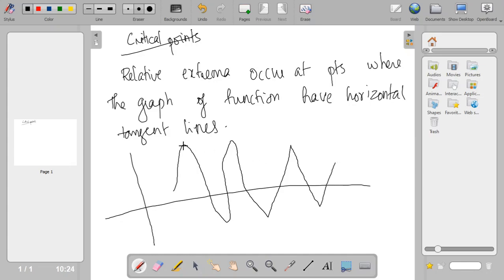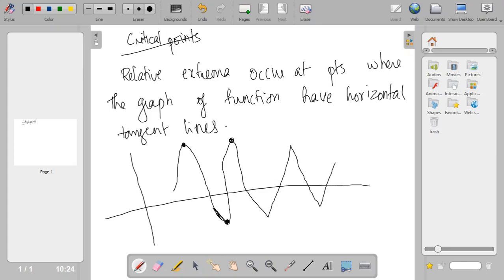At this point you will have a maximum. Here it's a smooth curve. Here you will have a minimum, here a maximum.